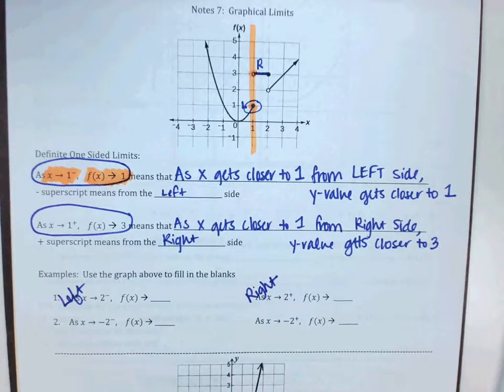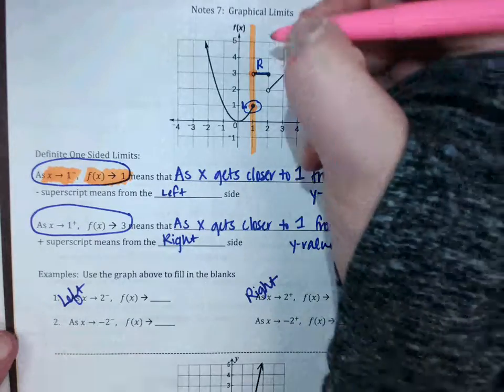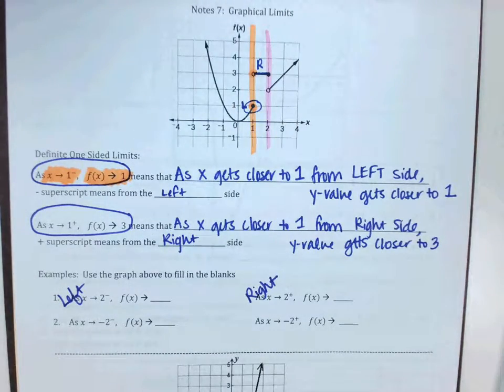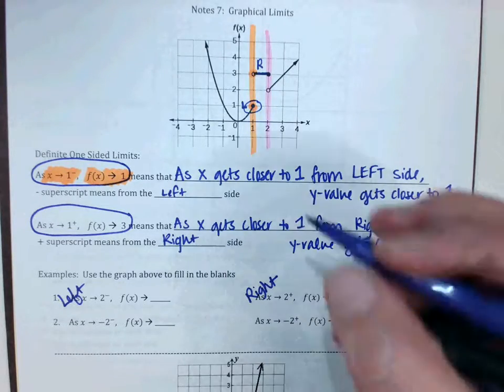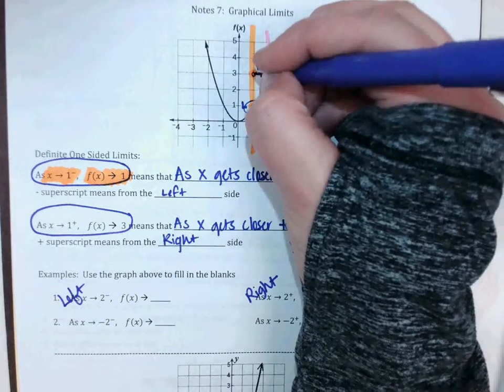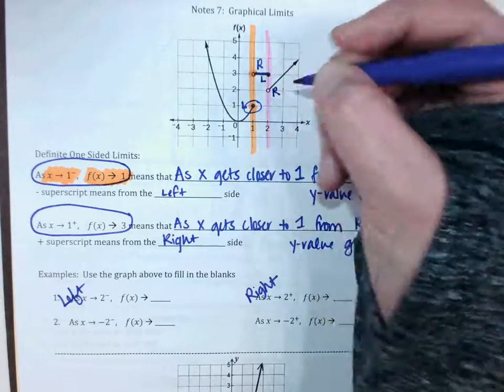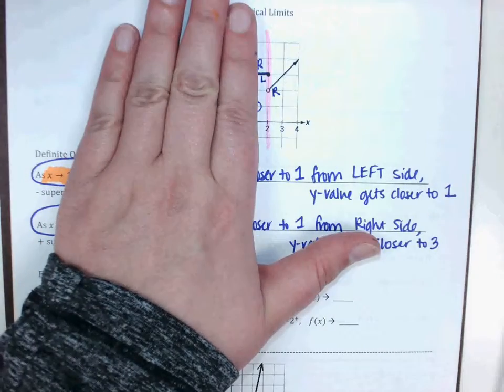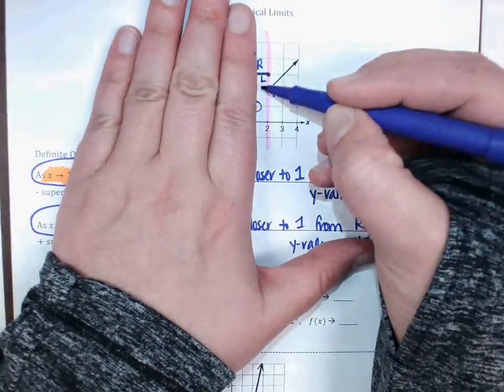The first thing I want you to do is when x is 2, draw your line. There it is. Now, for my pink line, this is the left side. This is the right side. Because remember, pink is now my new marker. Pretend orange is not even here. This is the left.